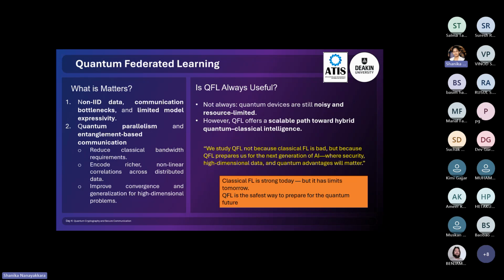That means classical federated learning struggles with very high-dimensional data, as I explained previously, and also has huge communication cost, and classical models sometimes cannot capture some non-linear patterns. The quantum models offer new mathematical structures that can overcome some of these limits. So quantum is not actually replacing the classical, but it extends what classical cannot do.